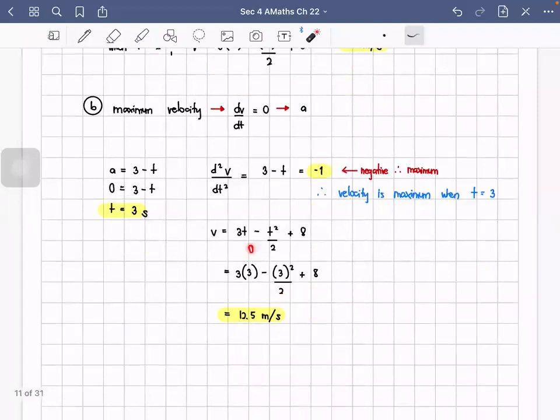Plugging in 3 seconds here, your maximum velocity is 12.5 meters per second. So that means you will reach maximum velocity in 3 seconds, and this is the speed of your movement. So that's letter B, and then let's have letter C.